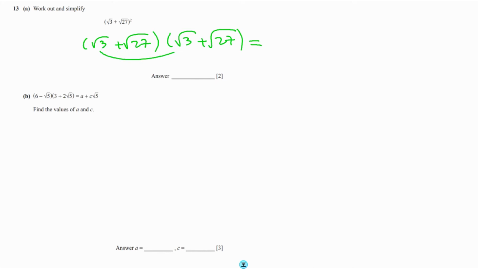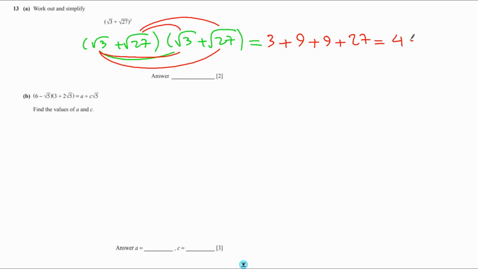The square root of 3 times the square root of 3 is 3. The square root of 3 times the square root of 27 would be the square root of 81, which is 9, again plus another 9, and then plus the square root of 27 times the square root of 27, which is 27. The whole answer is 18 plus 3 is 21, plus 27 is 48.